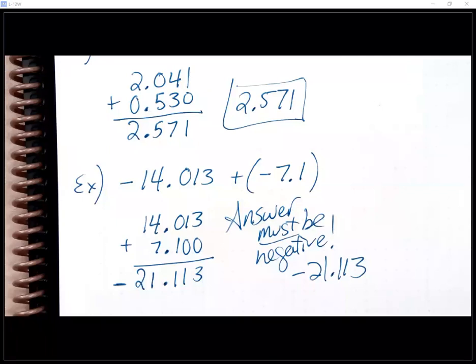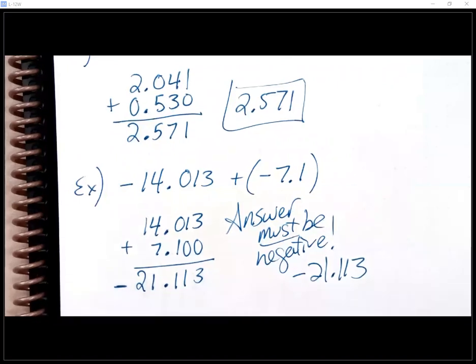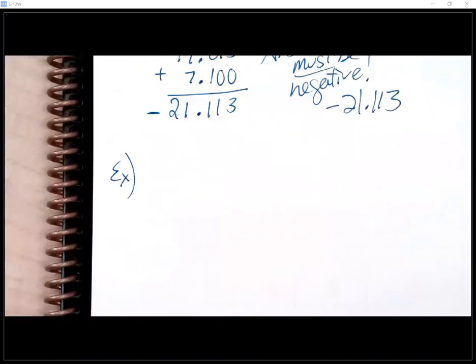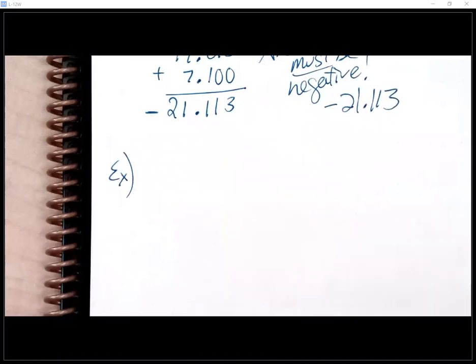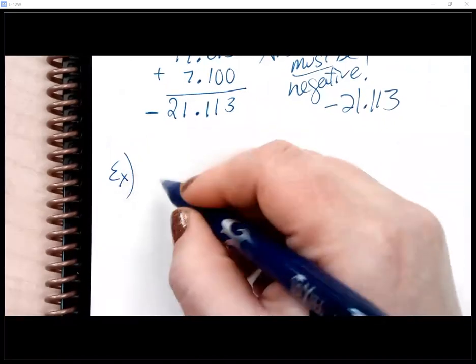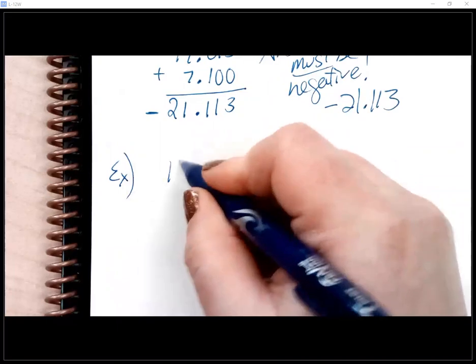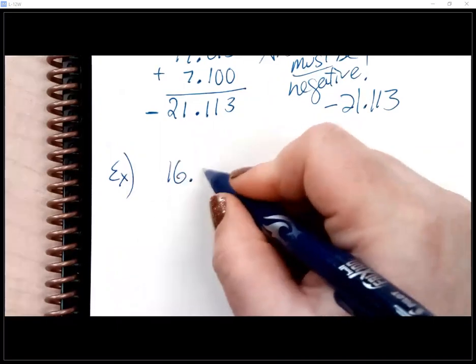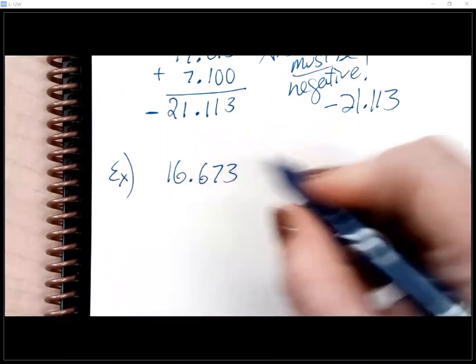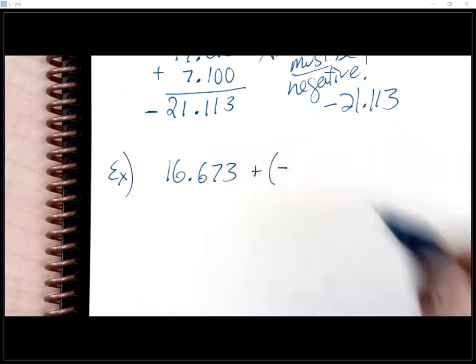All right. What happens when one's positive and one's negative? So let's do one. Let's get an example up here. Say I want to do 16.673 plus a negative 4.45.